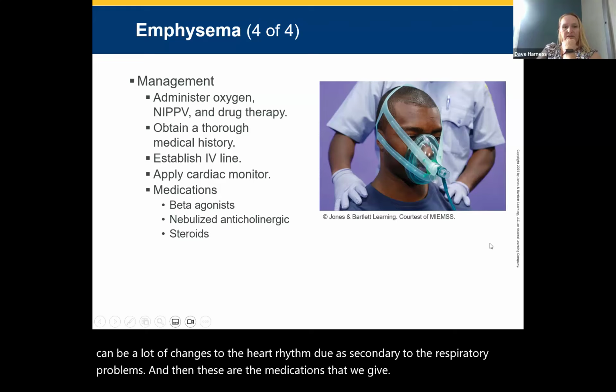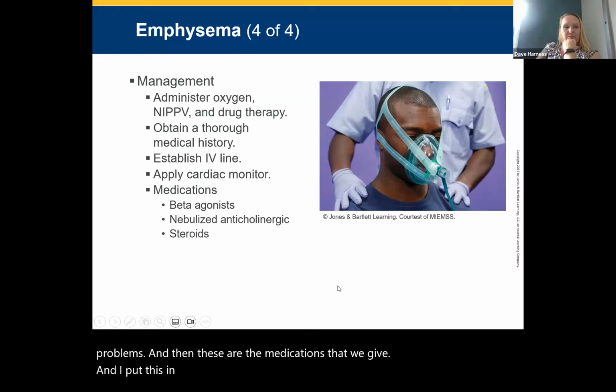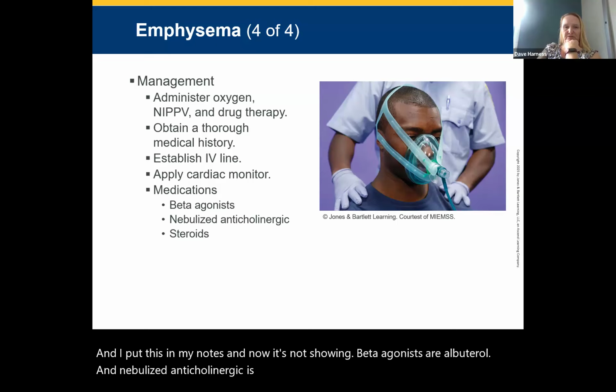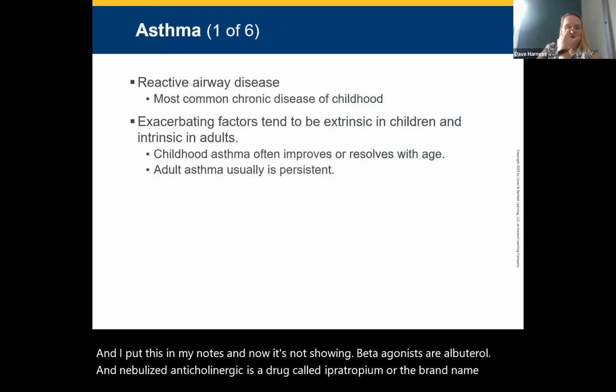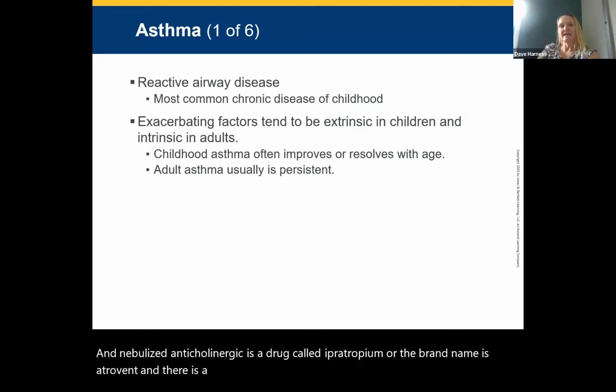I put this in my notes and now it's not showing. Beta agonists are albuterol, and nebulized anticholinergic is a drug called ipratropium, or the brand name is Atrovent. And there is a drug called a duoneb that is those two drugs combined.